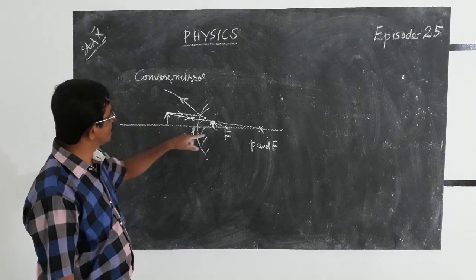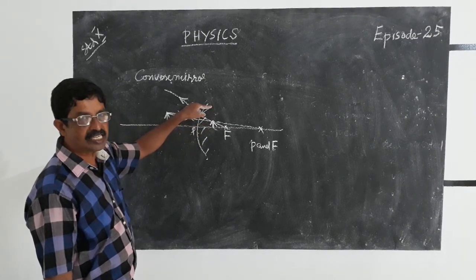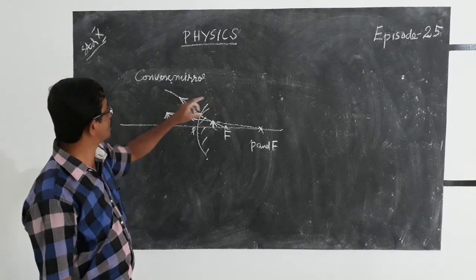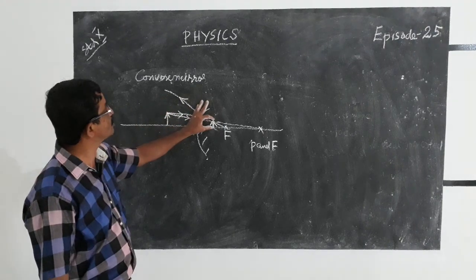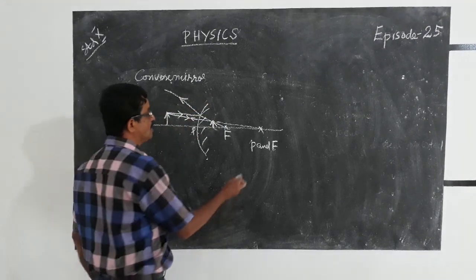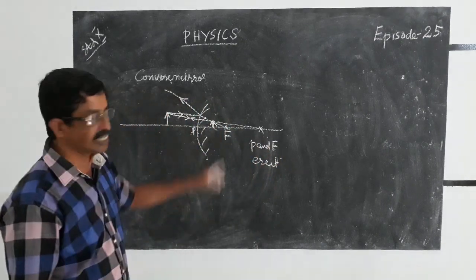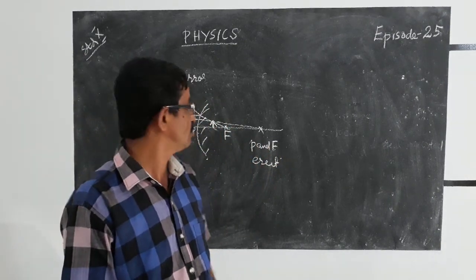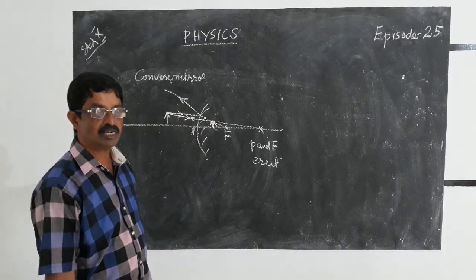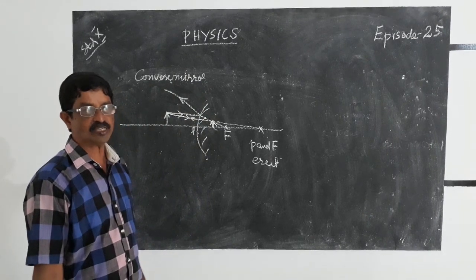What are the other peculiarities? Is it erect or inverted? See, the object is upright and here the image is also upright. That means the image is erect. Are the light rays actually meeting? No. So it is a virtual image.